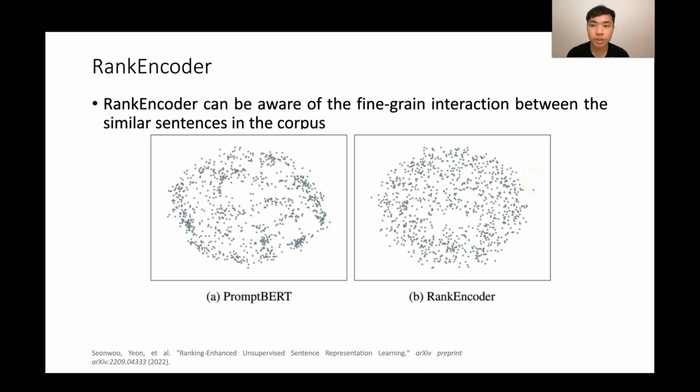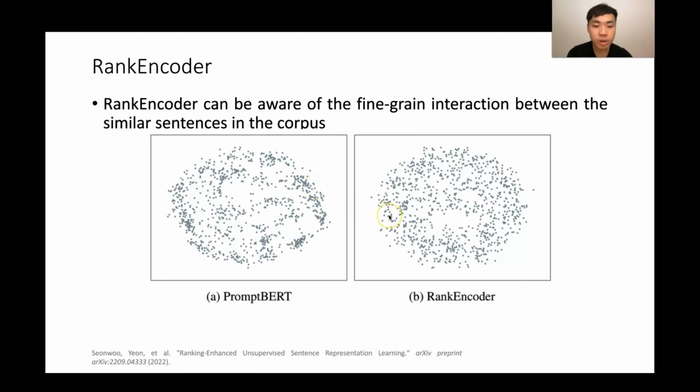And here we can further investigate why Rank Encoder can achieve better performance by looking at the embedding space of this model. So you can see the embedding space of PromBERT. There are so many regions that have a lot of examples clustered together.